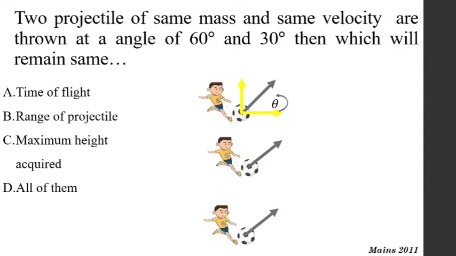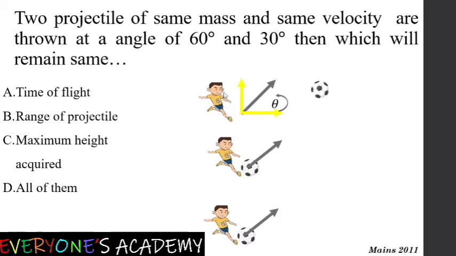In the same fashion, one more question was asked: two projectiles of the same mass and same velocity are thrown at angles of 60 degree and 30 degree. Then which will remain the same? As we have seen earlier, the correct answer is that the range is the same, but will the time of flight be the same or the maximum height be the same?